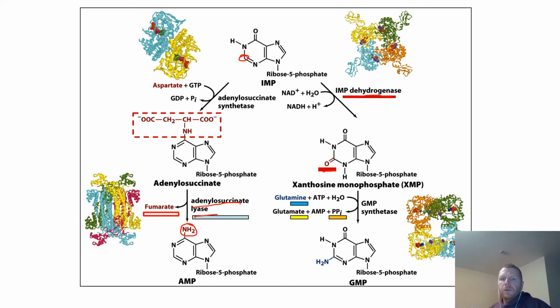We're going to use glutamine, ATP, H2O, and the enzyme GMP synthetase to simply add an NH2. Effectively, what we're doing is another transamination reaction, because this glutamine has an R group nitrogen that we're going to be transferring on to make our GMP molecule.